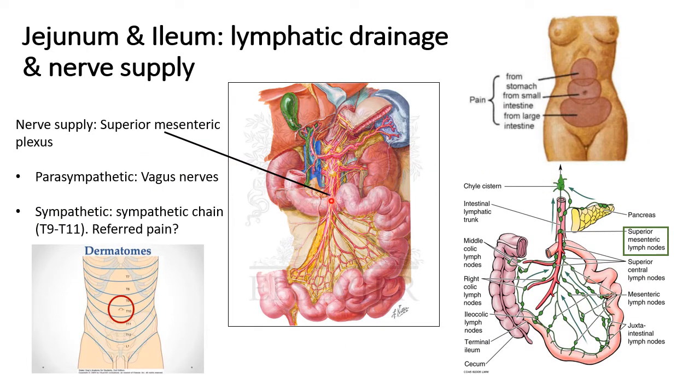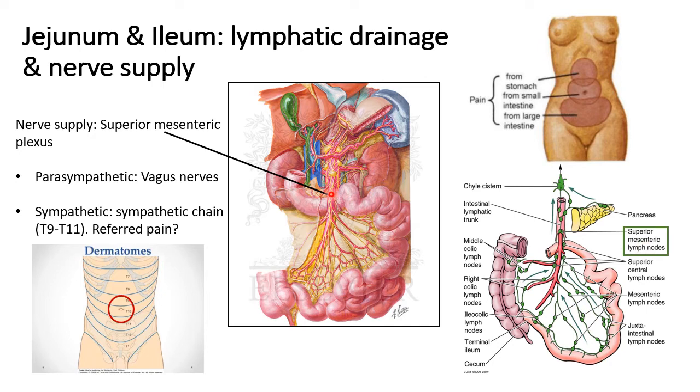Lymphatics: you should think of the arteries. All the lymphatics from the jejunum and ileum follow the arteries and end up in the superior mesenteric lymph nodes.